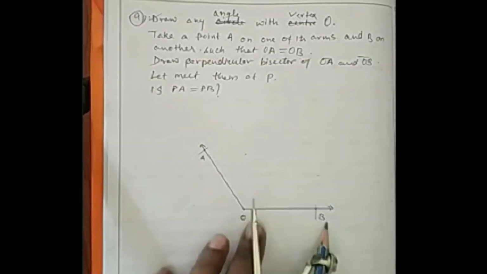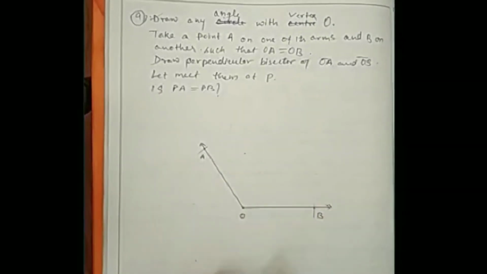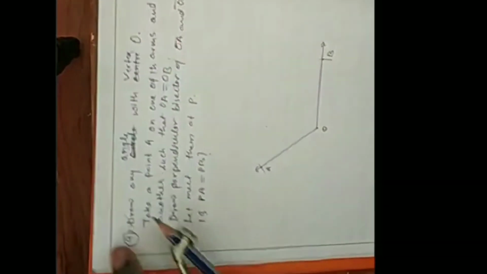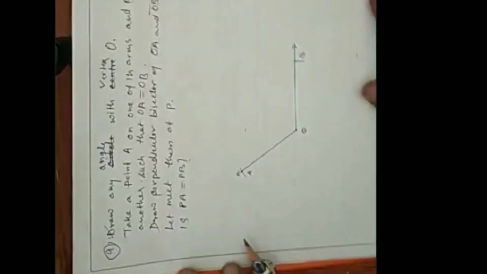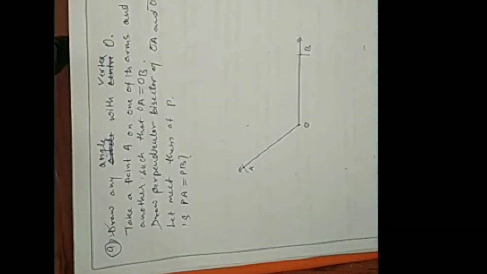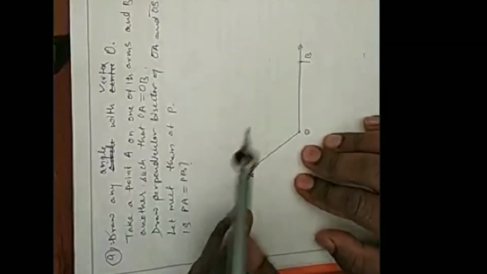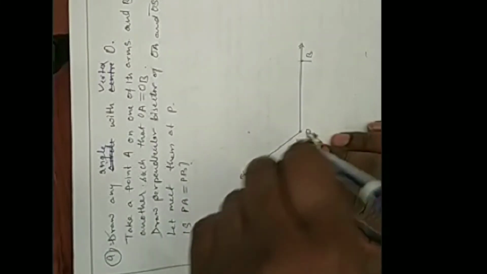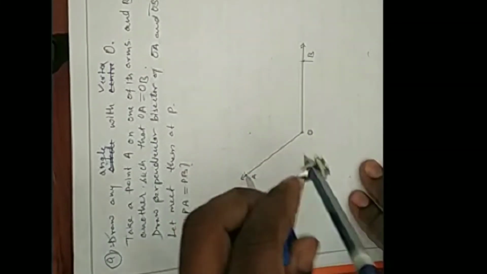Then afterward, it is saying draw the perpendicular bisector of OA and OB. We have to make the perpendicular bisector of OA and OB. So what you will do? You can twist your copy. Like this. Then make the perpendicular bisector of OA. How do you have to make it? I already told you. Open your compass more than half. First arc upside and second arc downside.